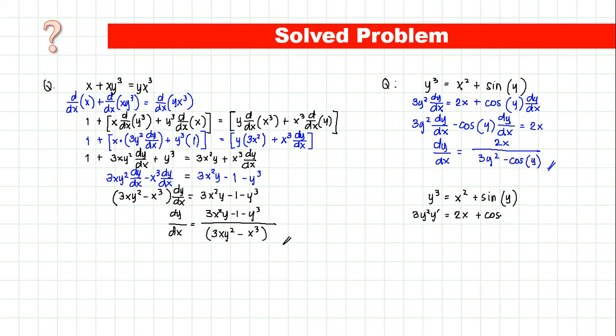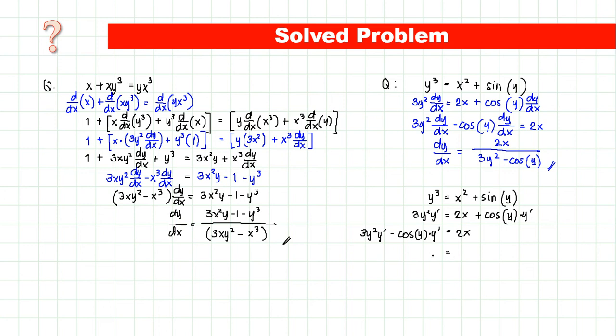Plus cosine of y times y prime. Okay? So, factor out ulit natin yung y prime, no? So, lipat lang natin sa kabila. We have 3y squared y prime minus cosine of y times y prime is equal to 2x.